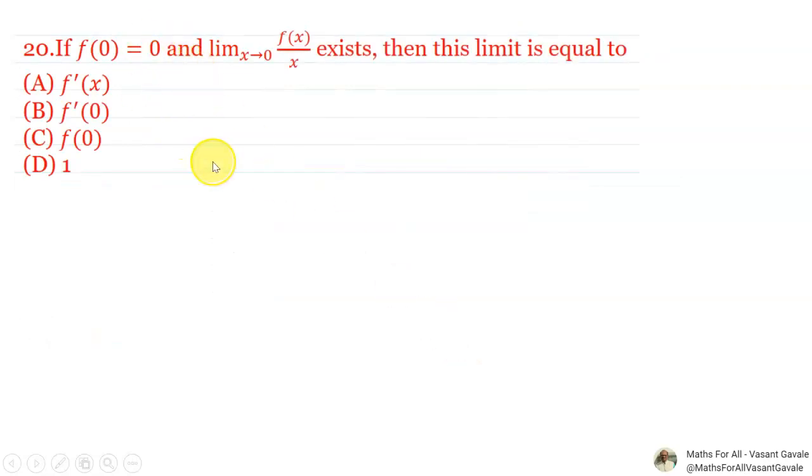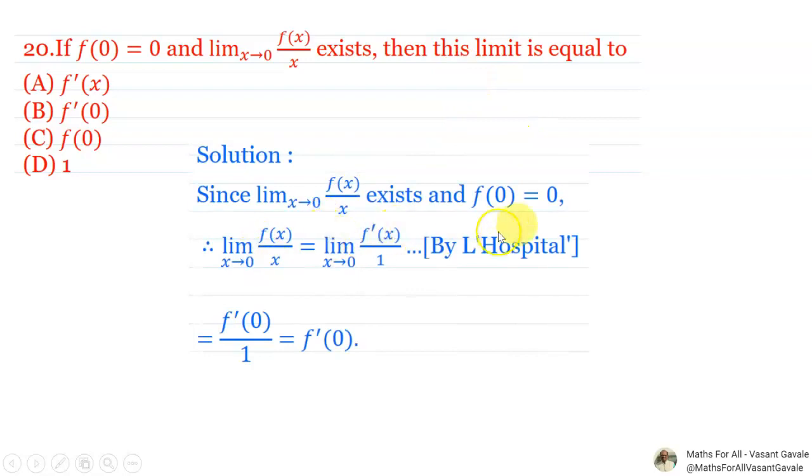If f of 0 is equals to 0 and limit x tends to 0, f of x upon x exists, then the limit is equals to, okay, again here we apply the L'Hospital's rule. Limit x tends to 0, f of x upon x exists, and f of 0 is equals to 0. Apply the L'Hospital's rule.